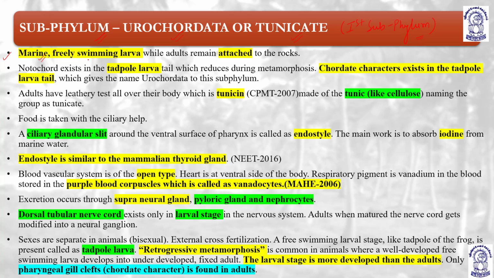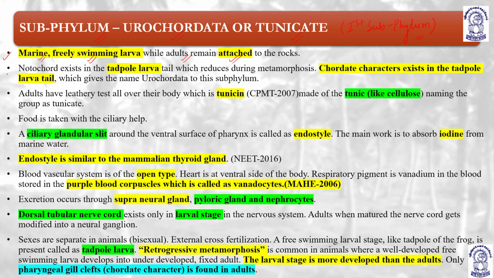They are formed in two categories or two life phases. One is the free swimming larva, and the adult remains attached to the rocks. So larvae are free swimming, meaning the motile ones, and the adults are pedunculated, meaning they are attached to the rocks, sedentary, right?